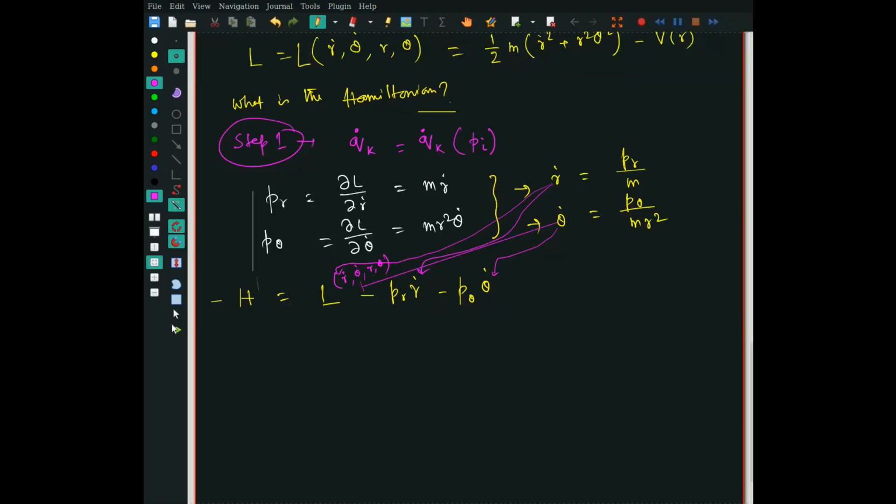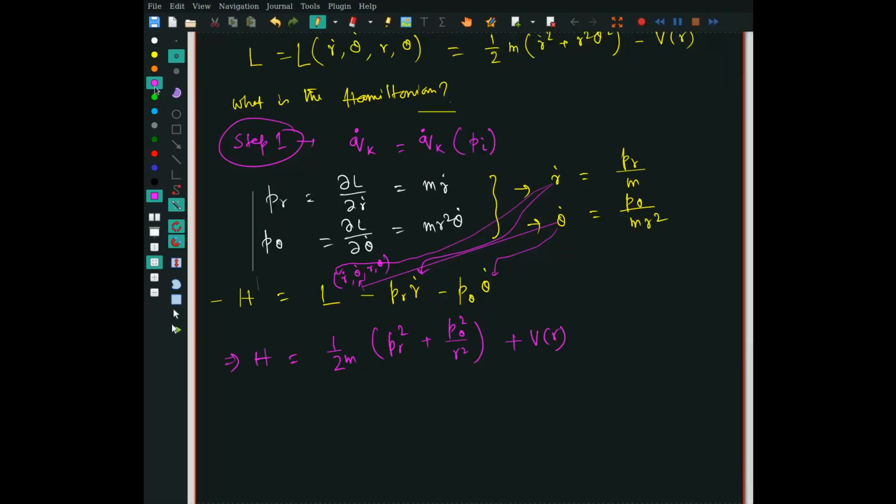In the end you should only have an expression for the Hamiltonian with no r dot and theta dot flying over. If you do everything correctly, that should be 1 by 2m times pr square plus p theta square by r square, plus the potential.